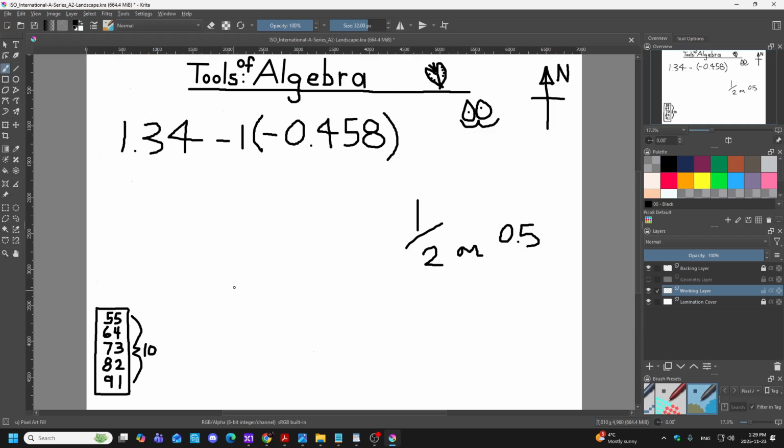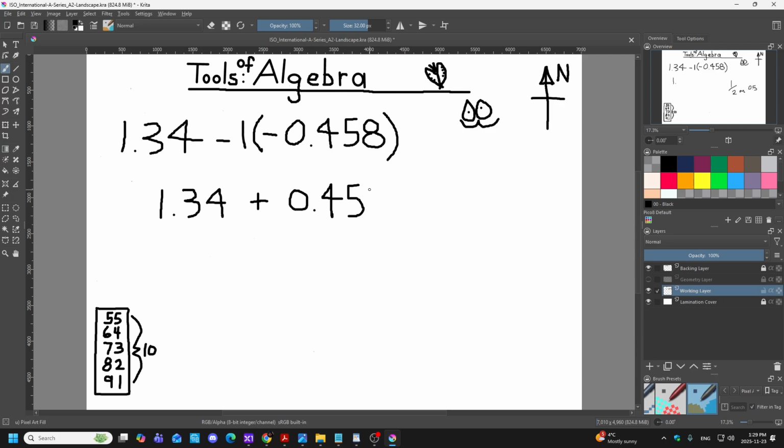Imaginary 1, a negative times a negative equals positive. Let me just clean that up here a little bit more. 1.34 plus 0.458. The sign changes, guys and gals.